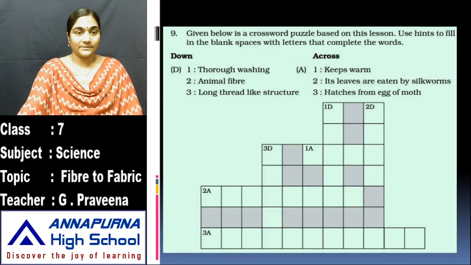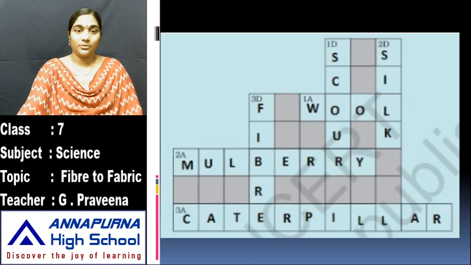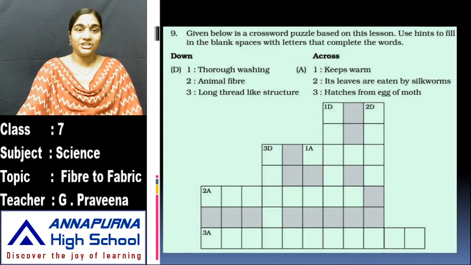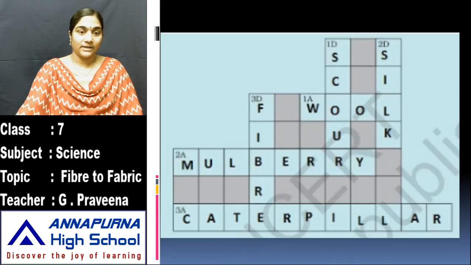It is mulberry. Next, hatches from egg of moth, also called silkworm. So try to answer that in across third A. The answer is caterpillar.